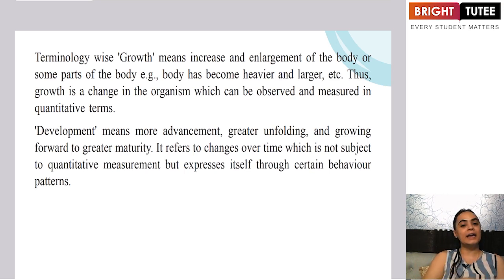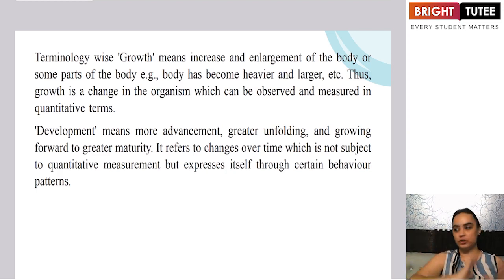Then from 9 years we shift to 15 years. Again, at 15 years, there are going to be more improvements that can be witnessed in the child. The child is going to become smarter, wiser, more understanding, more emotional, sympathetic, empathetic maybe. Then let's come over to the age of 24.